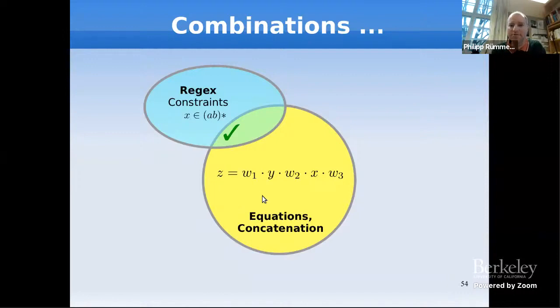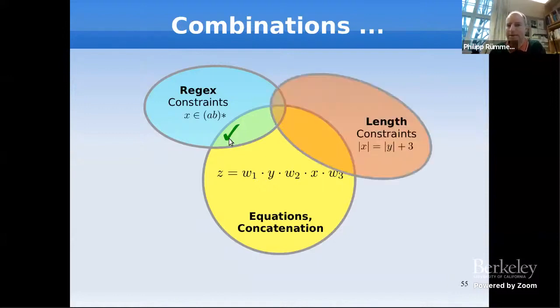So the decision procedures for word equations can easily be extended to also handle regular expressions. So this is fine. Well, but then we would also like to look at length constraints. We would also add constraints that the length of some string x maybe equals the length of some string y. Or in general, we would like arbitrary length constraints in Presburger arithmetic.